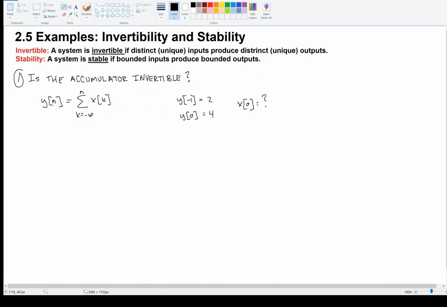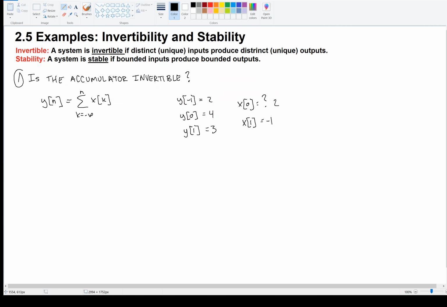Well, y of -1 is the sum of all of the inputs up until and including -1, equal to 2, and then a new sample comes in and now the output is 4, so the input at that time must have been 2, because 2 plus 2 gives us 4. And if the next output is, let's say, 3, then you know the input at that time was -1, because when we add -1 to the previous accumulation, we get that the updated accumulation is 3.